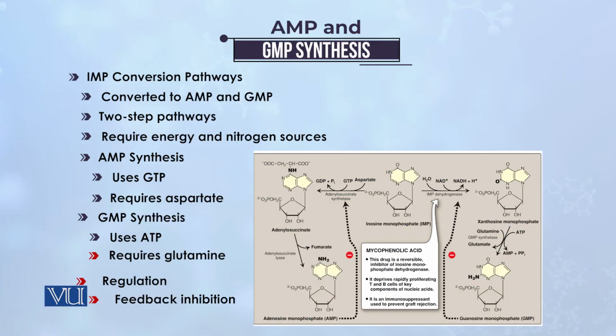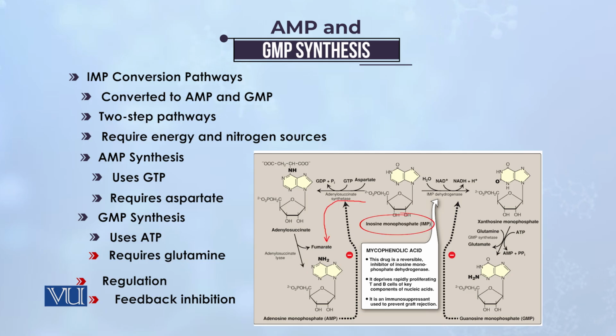Then from IMP, there are 2 pathways which lead to the formation of GMP and AMP. Here you can see the inosine monophosphate.